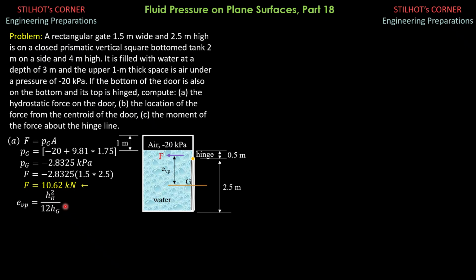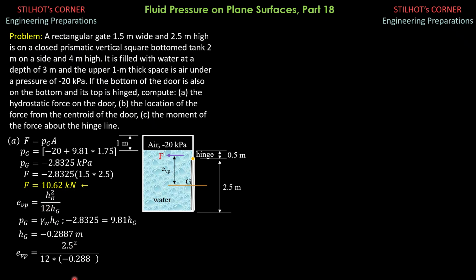Hg can be solved by equating pressure at G equals specific weight of the liquid in contact with the gate, which is water, times Hg. So negative 2.8325 equals 9.81 Hg. So Hg is negative 0.2887 meters. Substitute here, e_VP is 2.5 squared over 12 times negative 0.2887. So it is negative 1.804 meters. So our answer is the force is 1.804 meters above G.